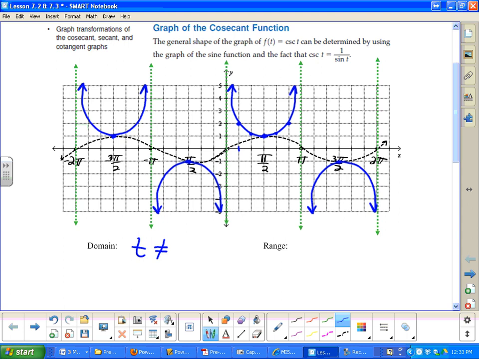Pi n would be correct, where n is an integer. Okay, so any form of pi, and it does not exist, we have a vertical asymptote, so t cannot equal that.